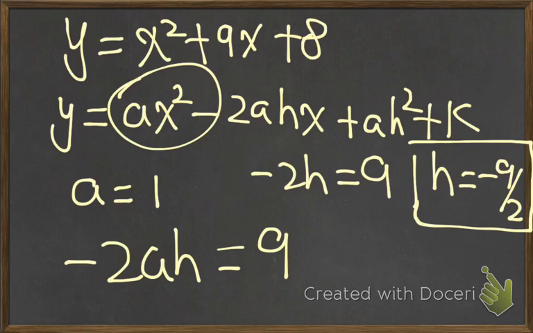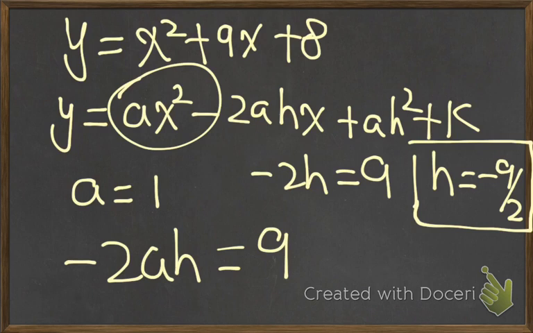Now since you have found the value of a and the value of h, you will be able to find the value of k. Basically ah squared plus k does not contain any x term or any x squared term, so this completely ah squared plus k will be considered as a constant term.